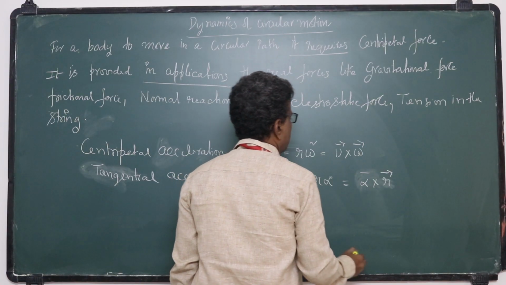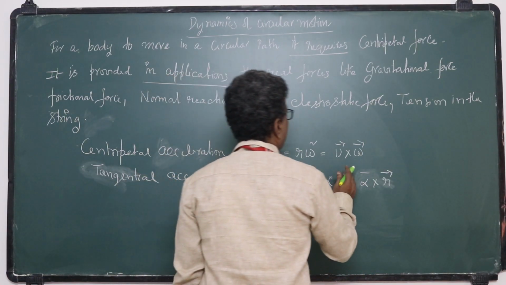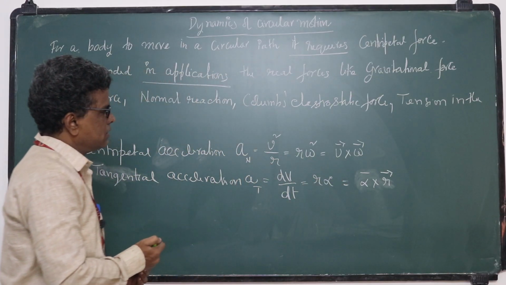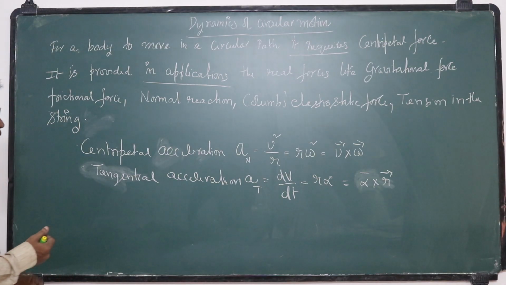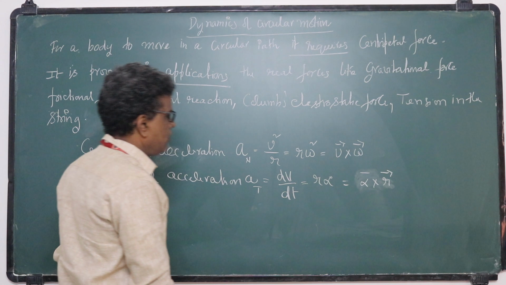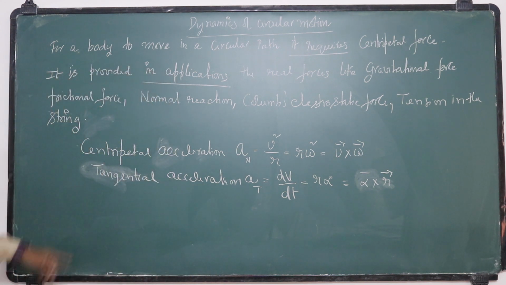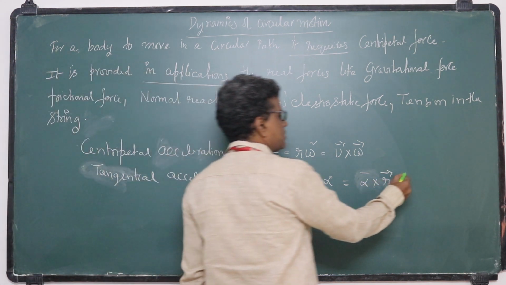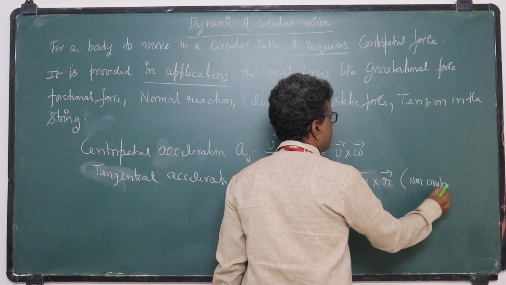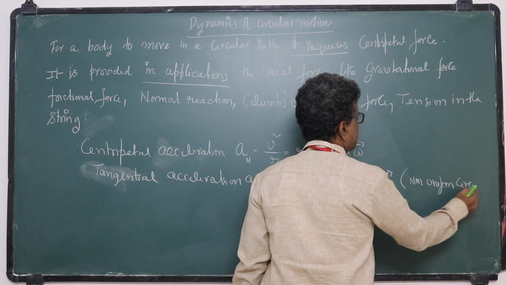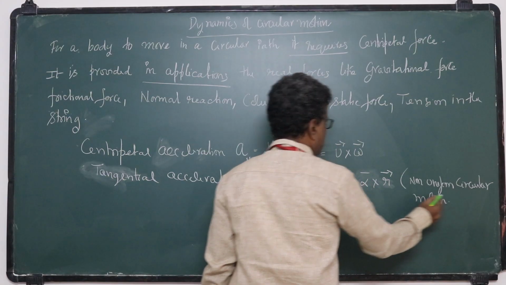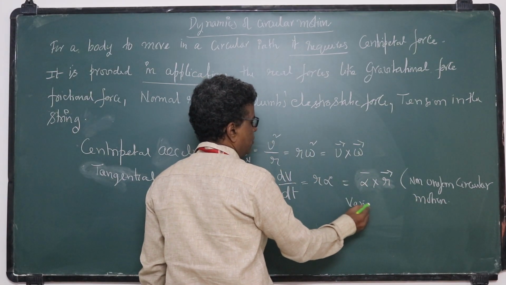Okay, we have this relation. So this is a tangential acceleration. It is for non-uniform circular motion, that is, the body moves with a variable speed.